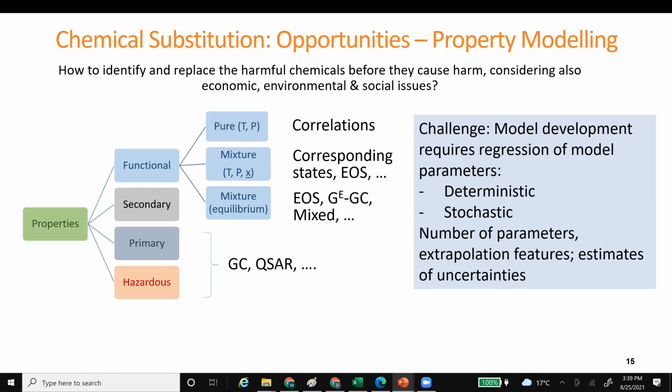We can use deterministic optimization, minimizing the least squares, or stochastic methods, such as maximum likelihood or Bayesian. The issues are how many parameters there should be, extrapolation outside the parameters, and estimates of uncertainties.